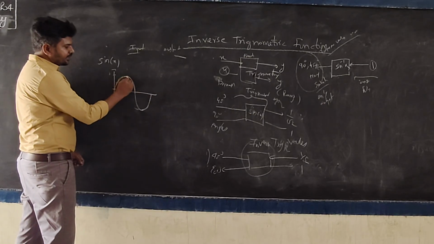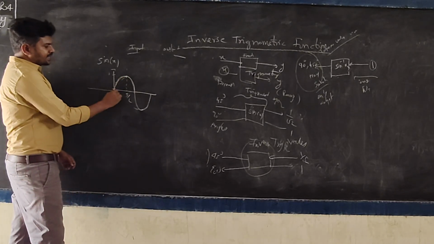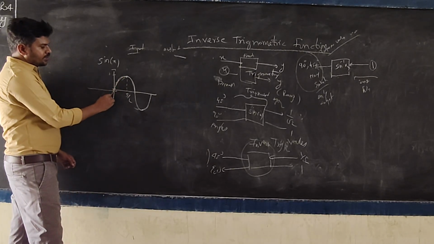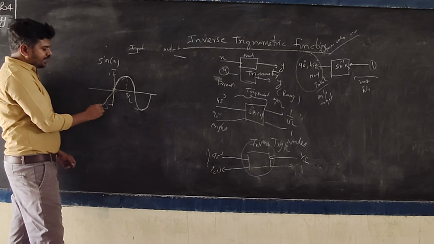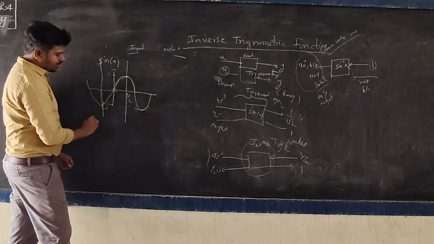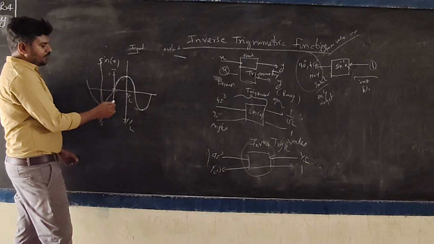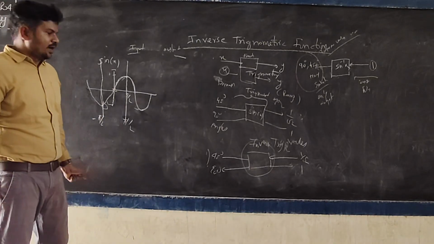So stop somewhere here, at pi by 2. And again go to the back side: 0, minus 1 by 2, minus 1 by root 2, minus 1. Again there is a repetition here, so stop at this point. So this is called minus pi by 2 to pi by 2, where there is no repetition of values.